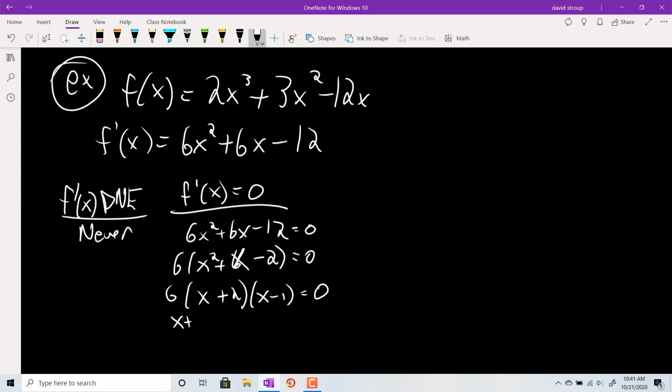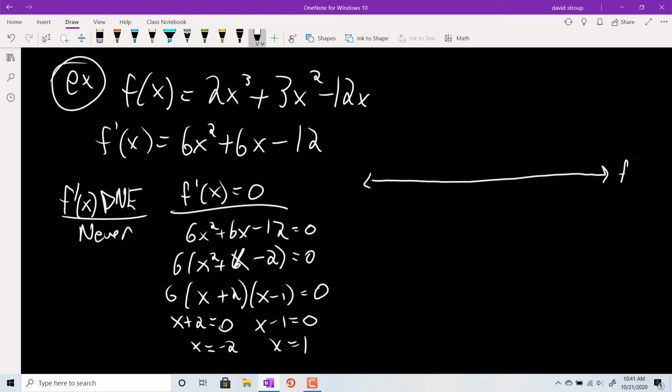Set the factors equal to 0, and we're getting two critical numbers, -2 and 1. Once you obtain those, you're going to draw your number line and label your critical numbers. You don't need to put anything except the critical numbers on your number line. Then you're going to do your test value, your sign, and your conclusion.